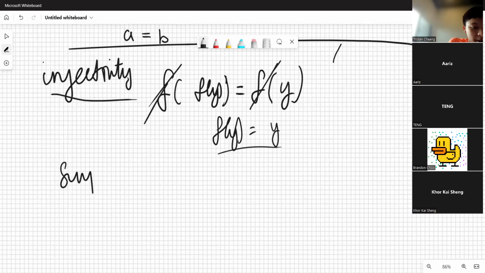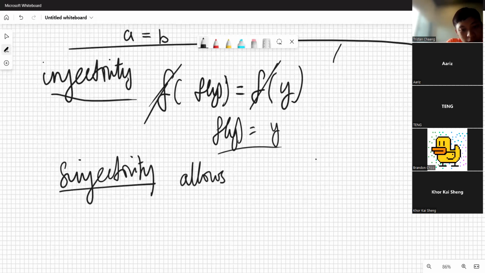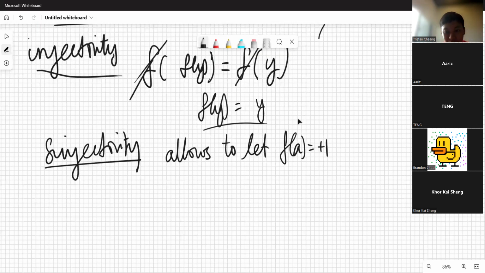And surjectivity allows you to let, let's say, f(a) be any number you want. So you just pick, let's say, -1 or +1. So let's say you have a functional equation where you really want one term to be some number to simplify the whole equation.